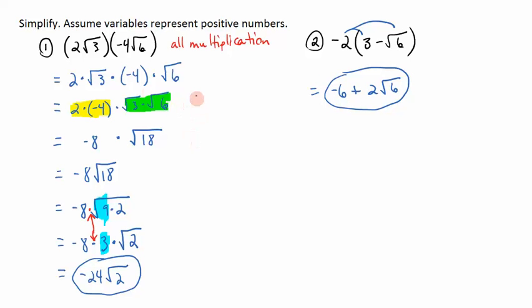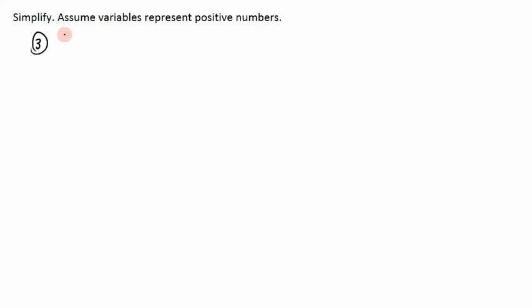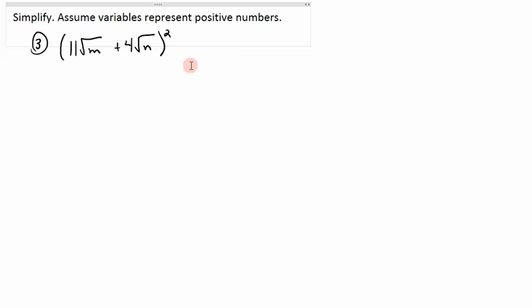Let's look at another. Let's take 11 square roots of m plus 4 square roots of n, quantity squared. And remember, don't try to create rules for situations that you're not sure about.